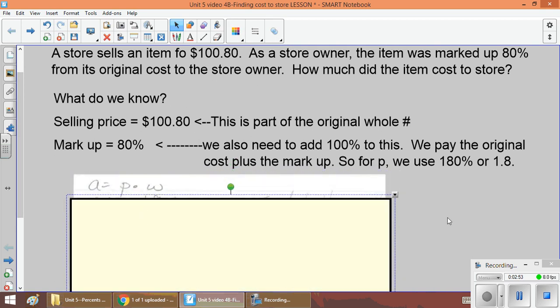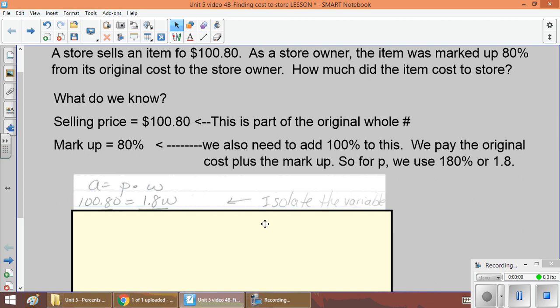So we're going to still use our formula A equals P times W. So the cost that we're selling the item for, the $100.80, is our part. We're trying to find the original whole number with a markup added to it. And our P is 1.8 because it's not only the 80% markup, but also the 100% that we paid for the original item.